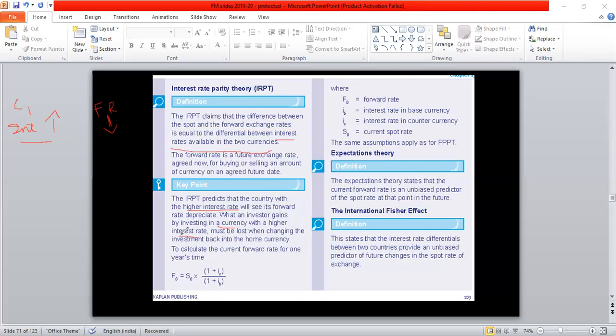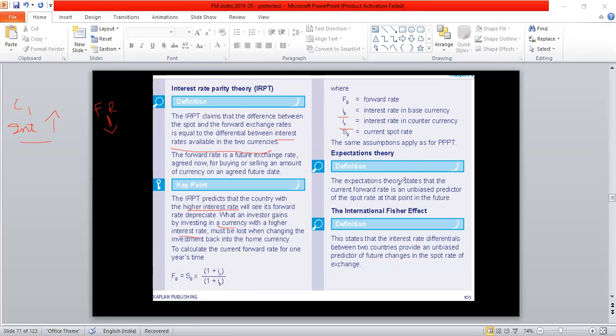The domestic country rates are different. So the interest rate here we see is the interest rate in the base country, IB, and the interest rate in the counter currency, IO. When they are discounting at that rate, whatever benefit was assumed will be nullified.